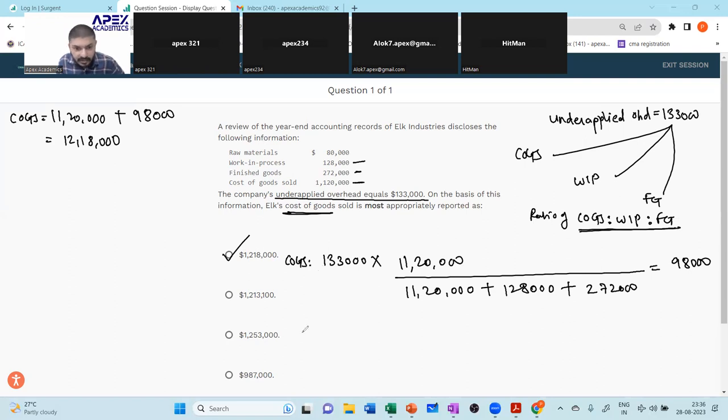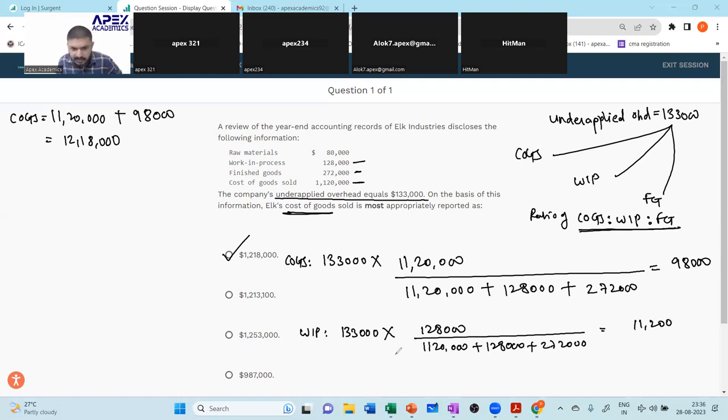I am interested now in the WIP calculation. Take the full cost, take WIP, divide. What will you get? 11,200. Now see finished goods.